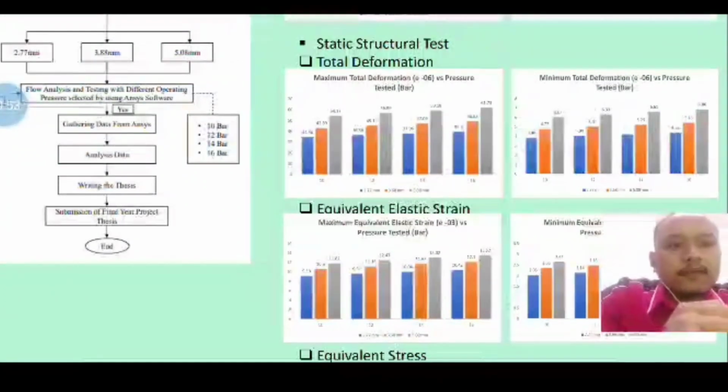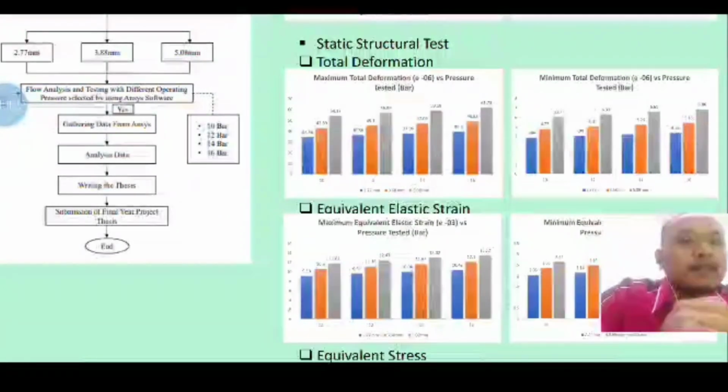In this case, it's the same as the pressure distribution: the higher the pressure tested, or the thicker the wall thickness, the total deformation also increases.